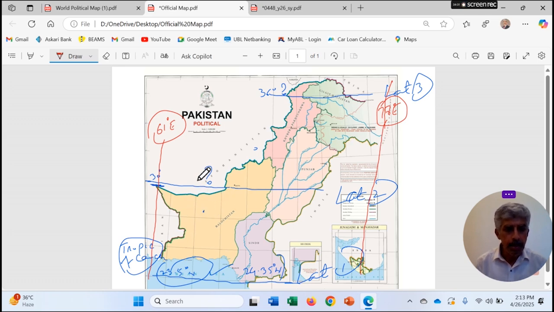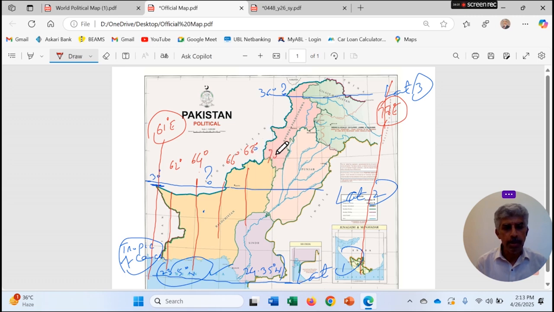So this one is 62 degree line. This one is 64 degree. This one is 66 degree. This one is 68 degree.